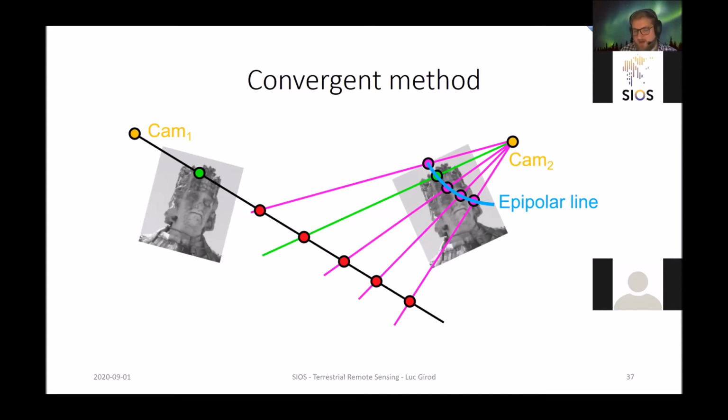Then on that line, you're going to take a sample of points and project them into the secondary image. And from that, you're going to create a line. That line is most likely not going to be straight because it's going to be subject to distortion, and the perspective is going to be a bit different, and a number of things. But you end up with a series of points to try to find correlation scores on.